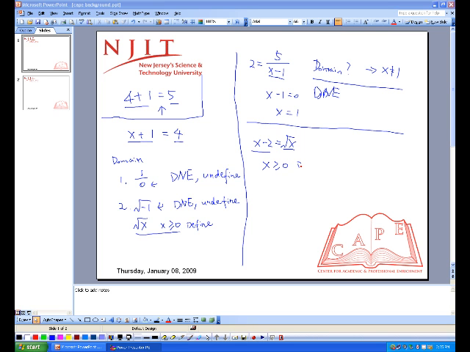This is when it's defined. On the left side, x minus 2 is always defined because it's neither a fraction nor a radical expression. So then the domain will simply be x is greater than or equal to 0. That's the domain.